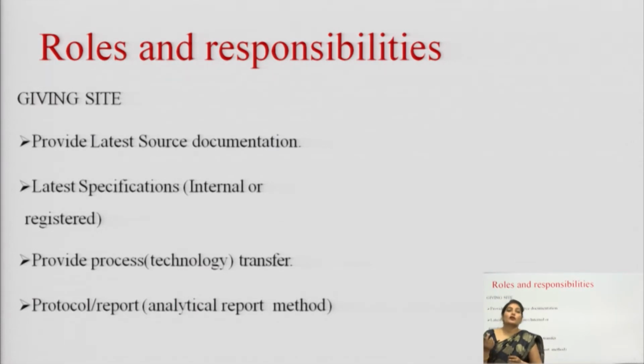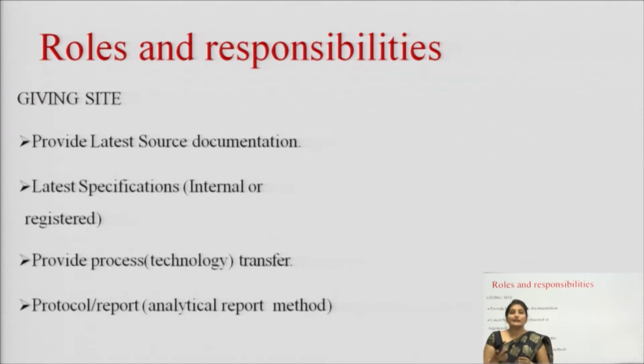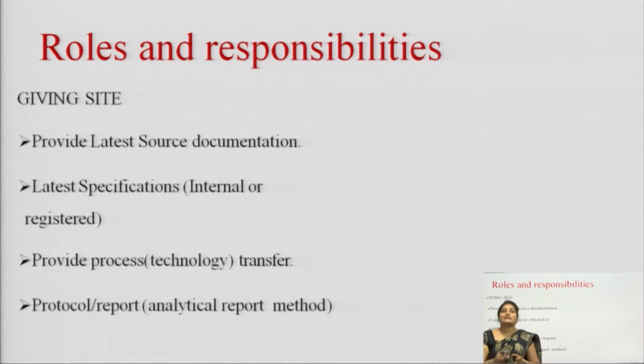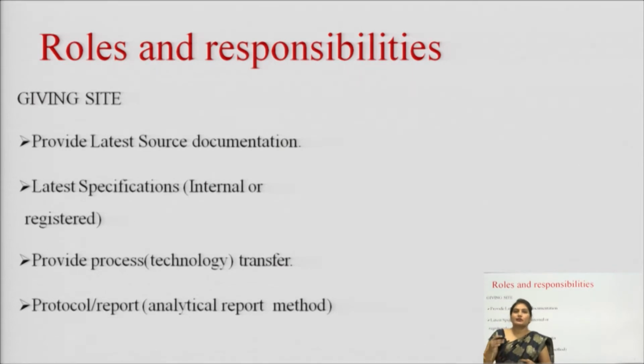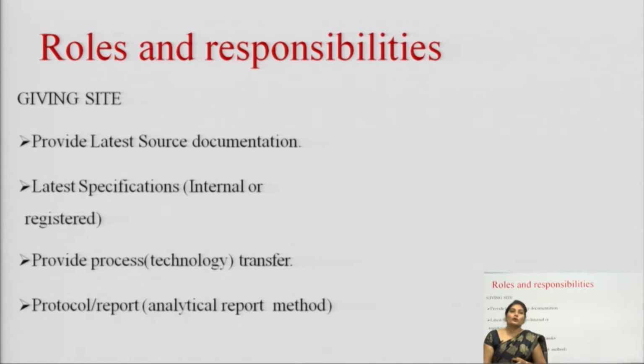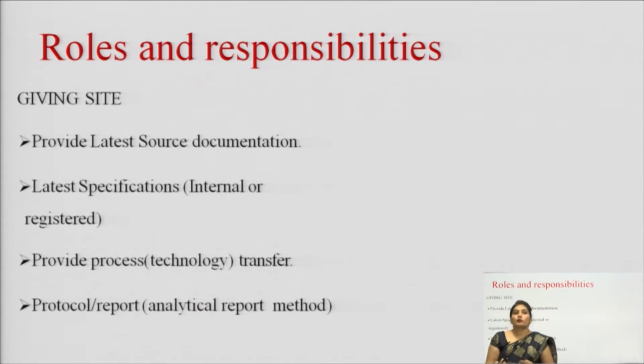Next is provide process transfer. It is the responsibility of the sending unit or technology developer to provide the process transfer report, and all the information related to the transfer. Next is protocol report, analytical report method.